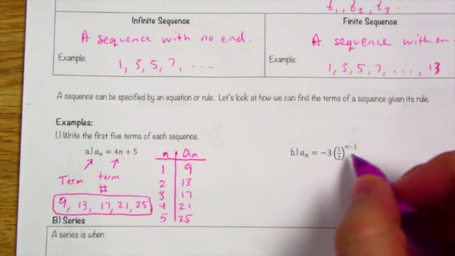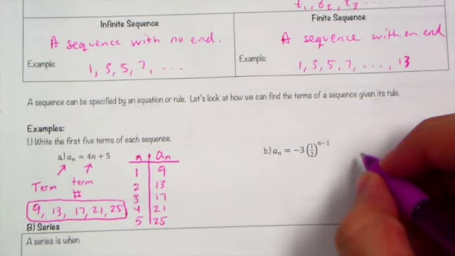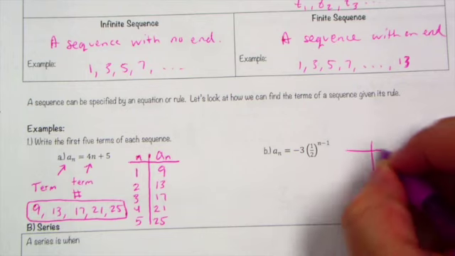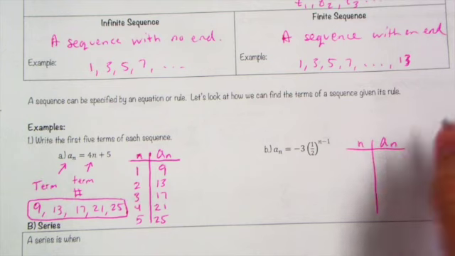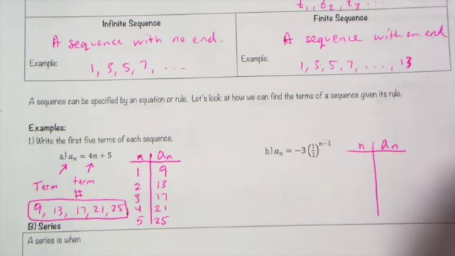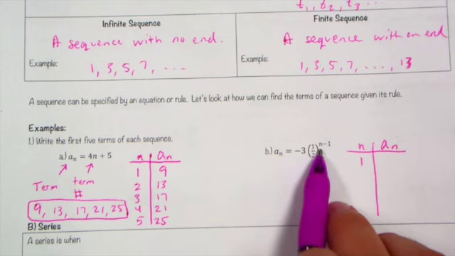Sometimes the sequences look kind of crazy, so there's a little bit of work to do here. But same thing, we're going to draw our table of n and then a sub n, which is the actual value, the answer. By plugging in 1, a little tricky here, 1 minus 1 is 0.